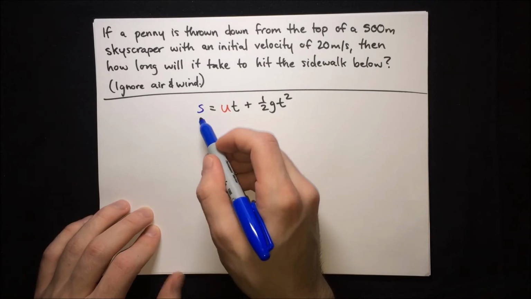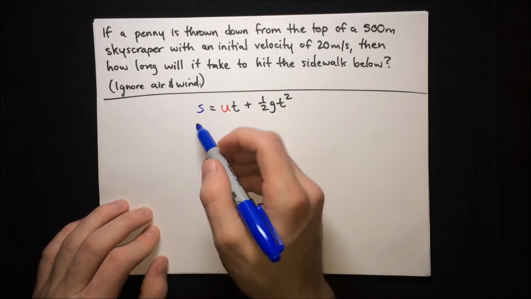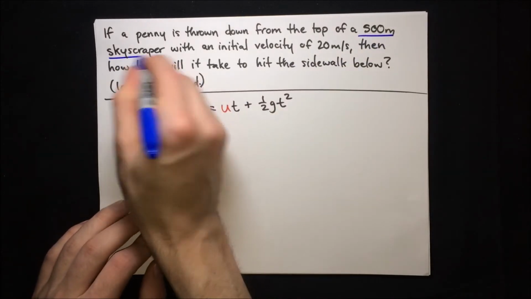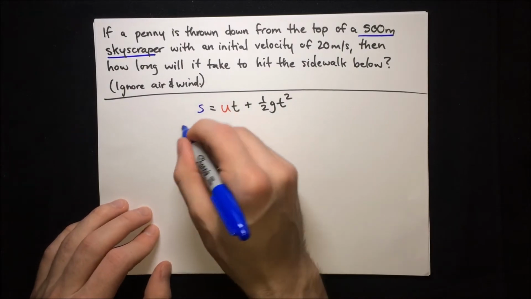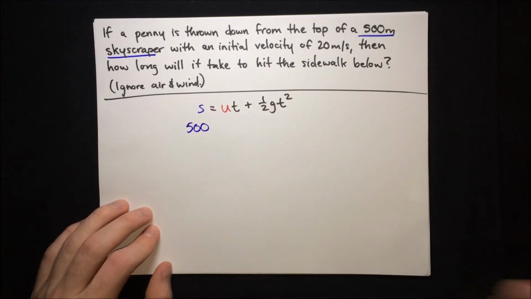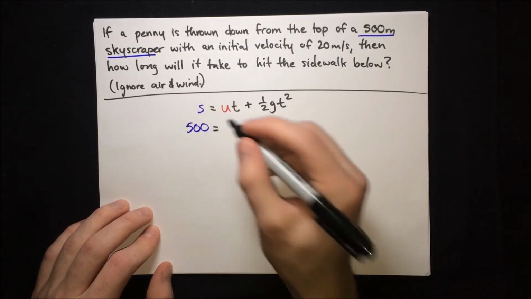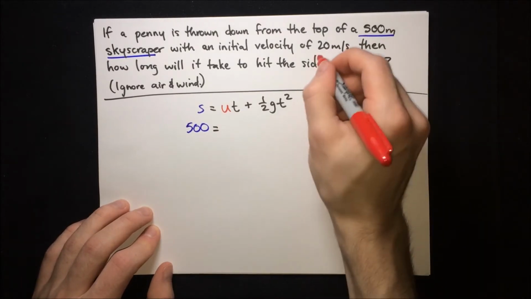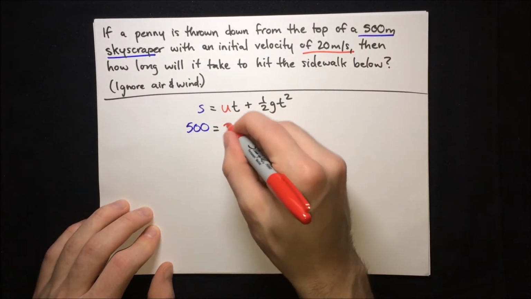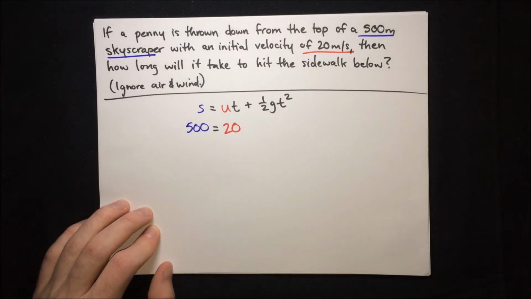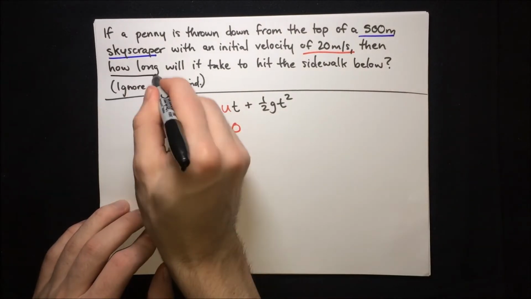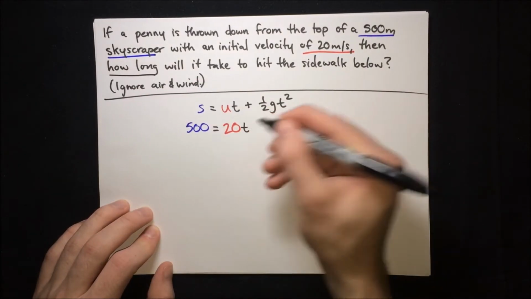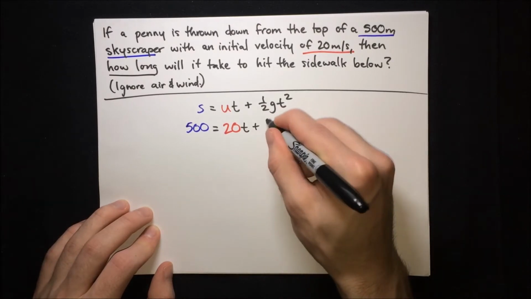So s, what's the distance traveled? Well, it's falling down from a 500 meter skyscraper, so in order to hit the bottom, it's got to travel 500 meters. And then, how about u, the initial velocity? Well, we've got that right here, 20 meters per second, so 20, and then t, that's what we want to find. We want to find how long it'll take. So we're going to leave that as a variable and solve for it.